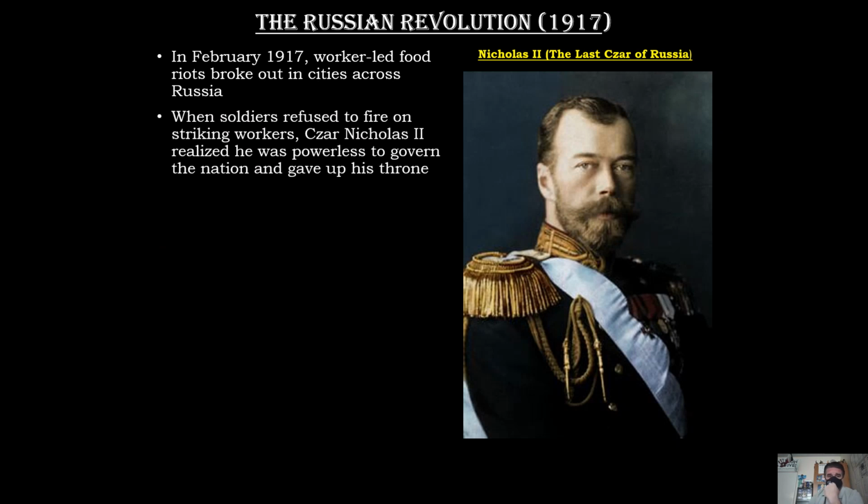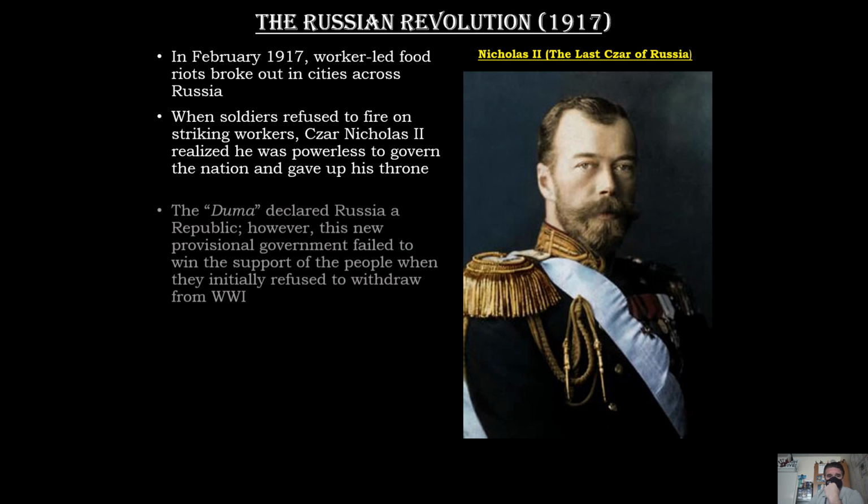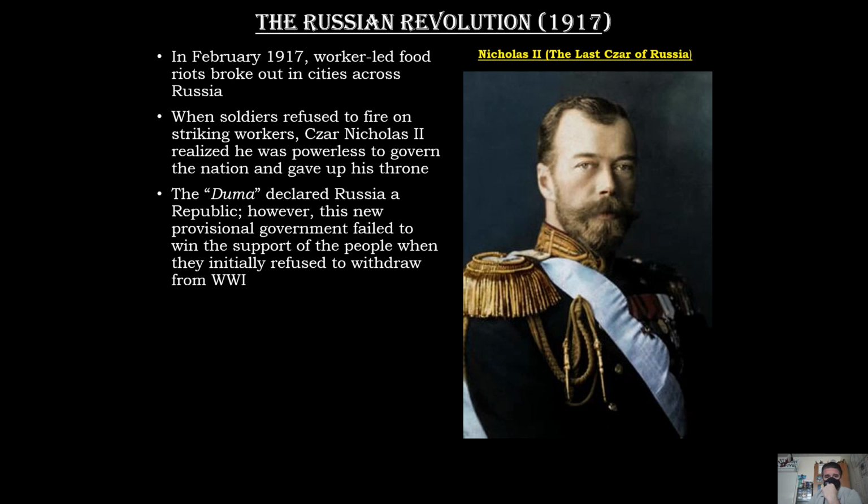When soldiers refused to fire on striking workers, Tsar Nicholas II realized he was powerless to govern the nation, and he gave up his throne. The Duma declared Russia a republic. However, this new provisional government failed to win the support of the people when they initially refused to withdraw from World War I. This is the first phase of the revolution, the February Revolution I talked about.